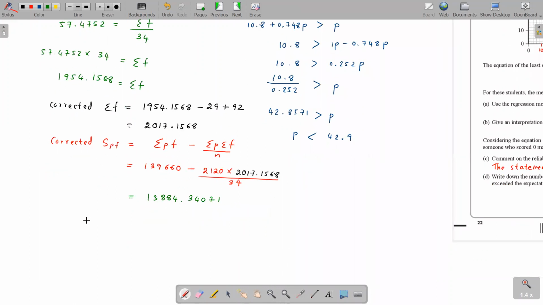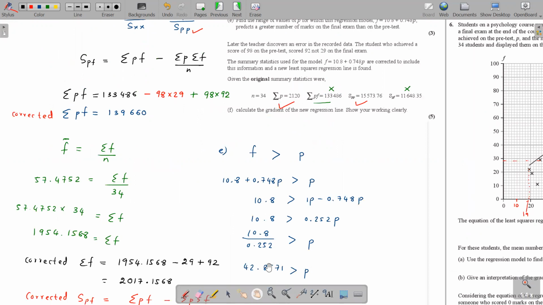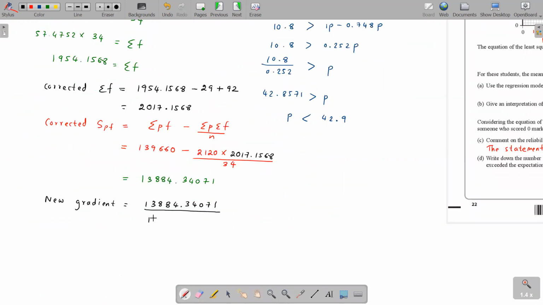Now get the gradient, the B value. Can you see, when a single point changes the line is shifting. So the new gradient will be how much? SPF is 13,884.34071 over SPP, which doesn't change, 15,573.76.